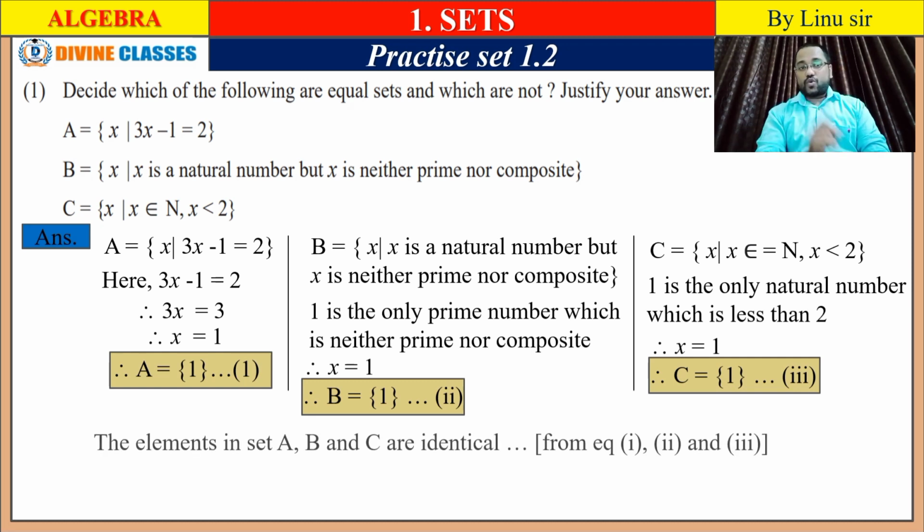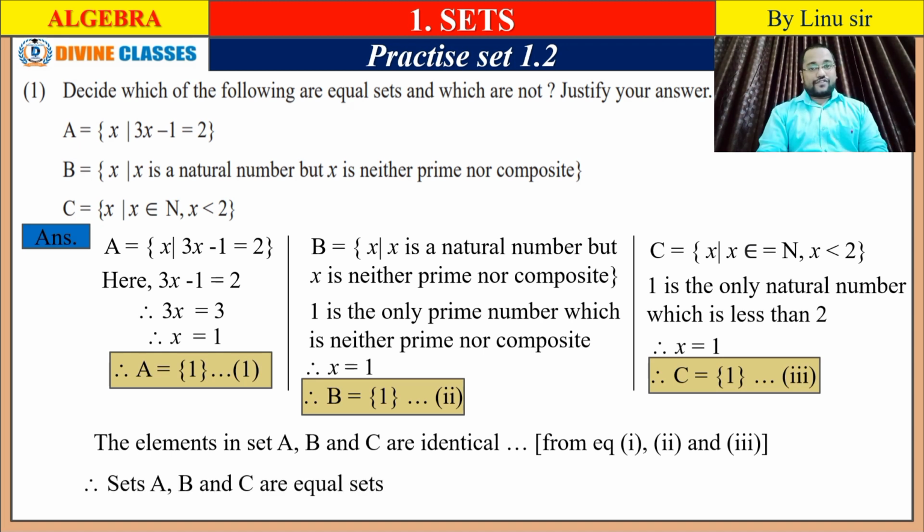Therefore, if we see equation 1, equation 2 and equation 3, we will come to a conclusion that set A, set B and set C, all three sets are having the same element, that is only 1. So from equation 1, 2 and 3, we can conclude that the elements in sets A, B and C are identical, right? So the final answer we can write: therefore sets A, B and C are equal sets.